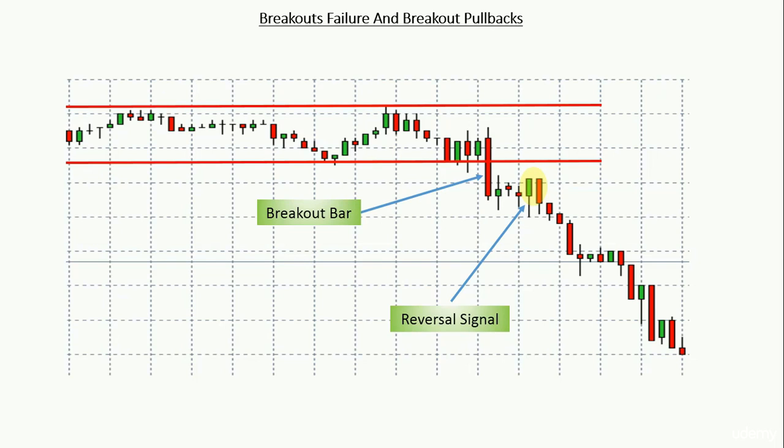But if the pullback was deep, they will close most of their late positions either at break even or with small losses, and they enter a wait and see mood to assess the probability of a breakout resumption after the pullback. They will be ready to add more short positions at a higher price, and they do this also with small sizes for two reasons.